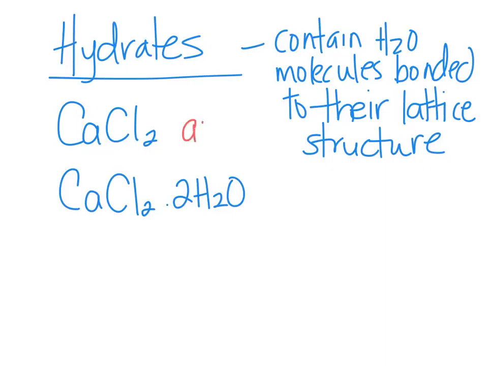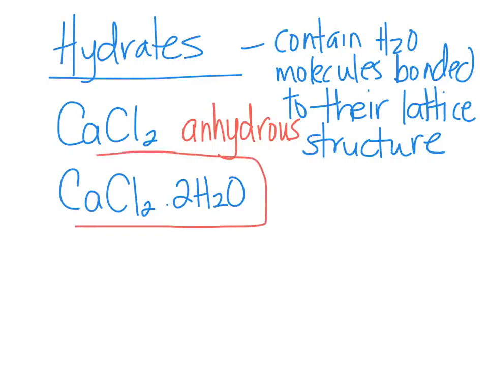We call it anhydrous, which means literally without water. Calcium chloride dot H2O is a hydrate. The one below it is a hydrate because it has two water molecules bonded for each calcium chloride in the structure.